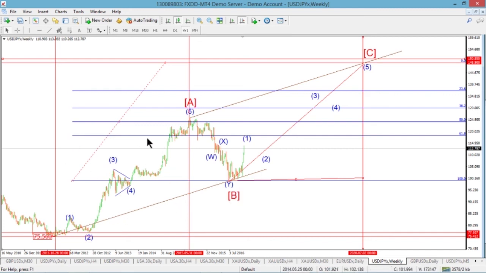Taking the time it took for wave A to complete, which is about 4 years bottom to top, and projecting that time from the wave B low gives us another 4-year time scenario, and that brings us out to about 2020.